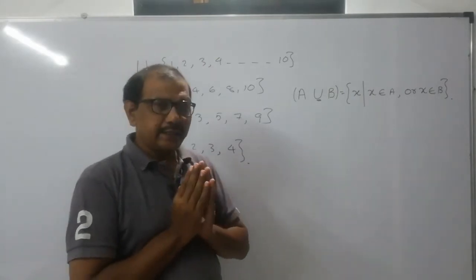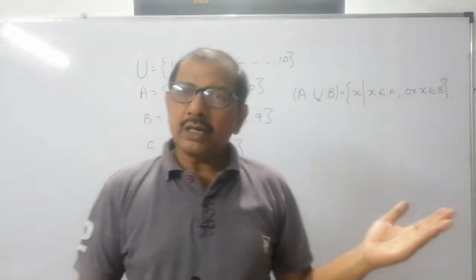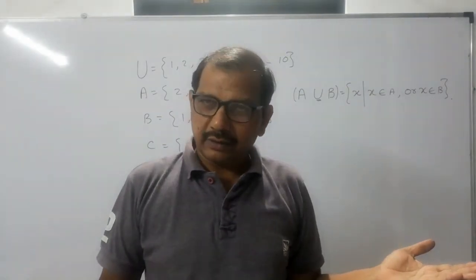It is a set of all X. X कैसा होना चाहिए? या तो A में होना चाहिए या तो B में होना चाहिए, right?